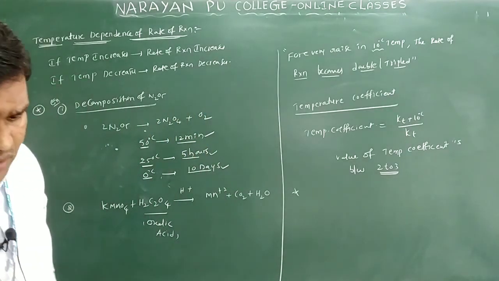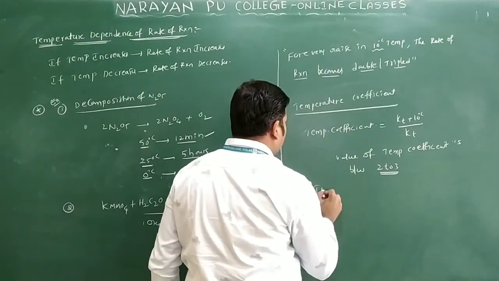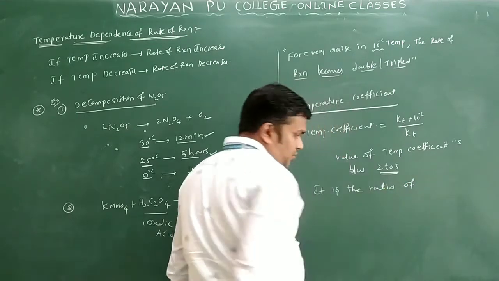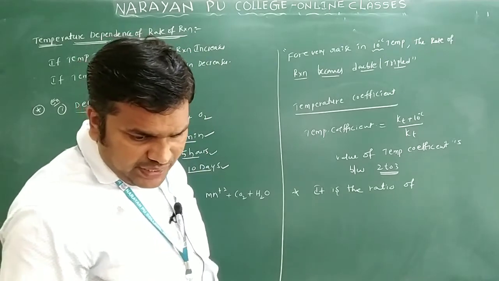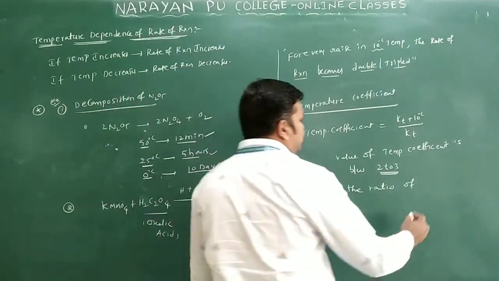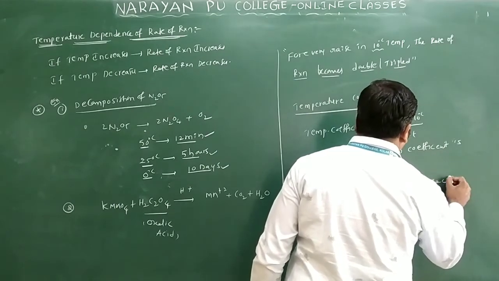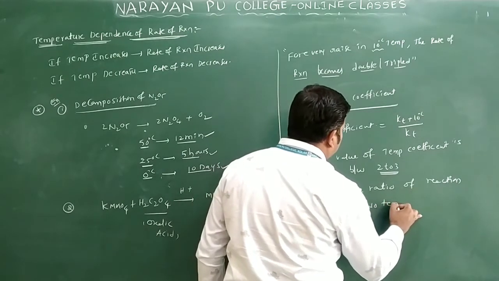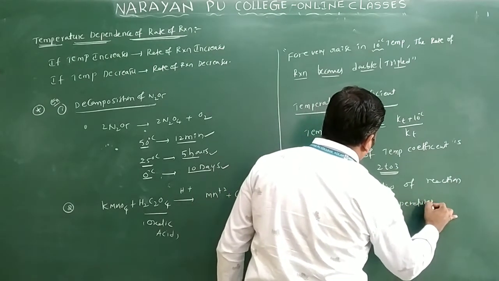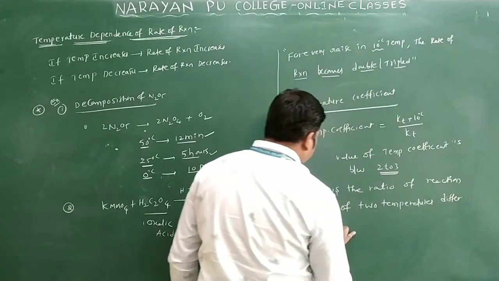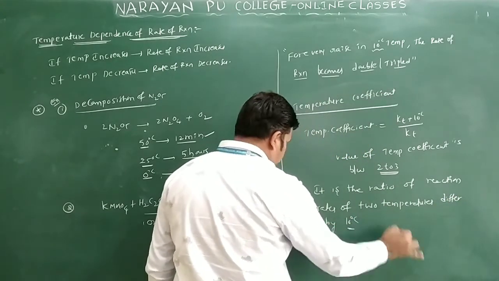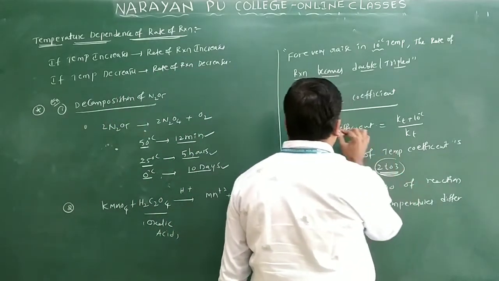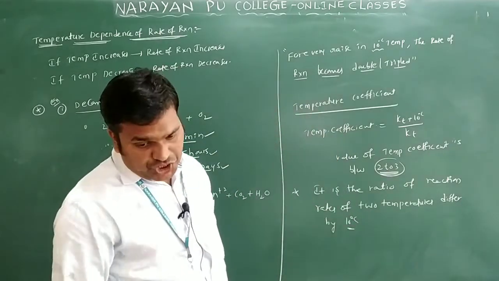It is the ratio of the reaction rates at two temperatures differing by 10 degrees Celsius. Its value lies between 2 to 3. So this is regarding the temperature coefficient of the reaction.